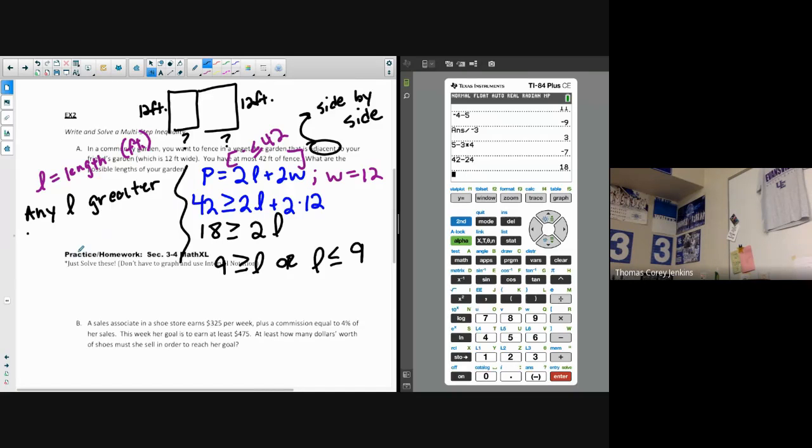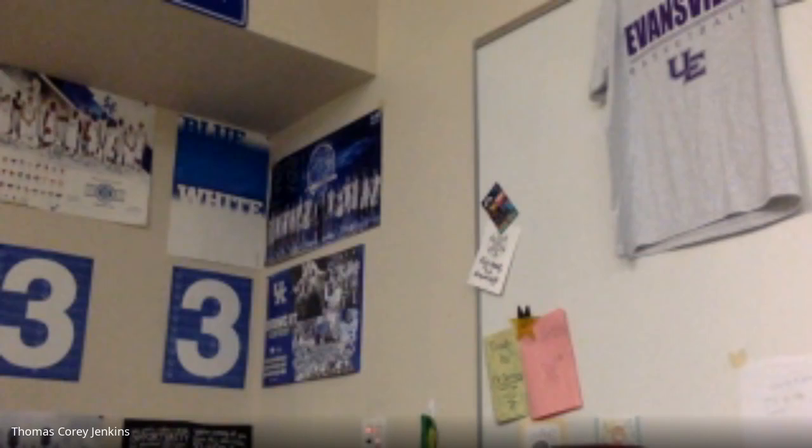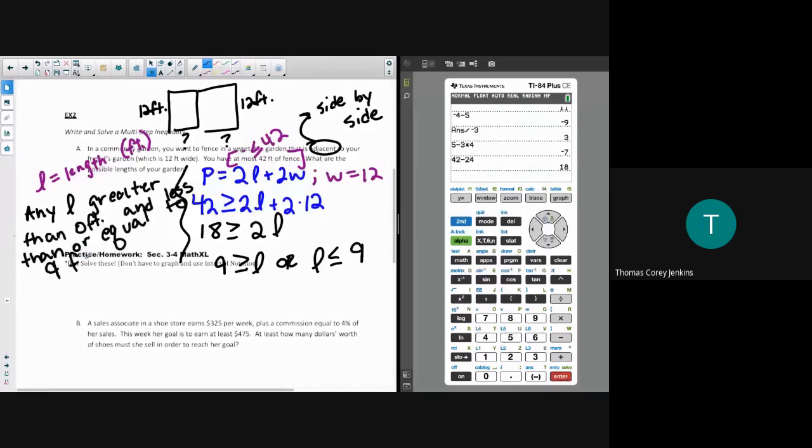Let's see where we are. Hopefully that shows up right. And less than or equal to 9 feet. All right.